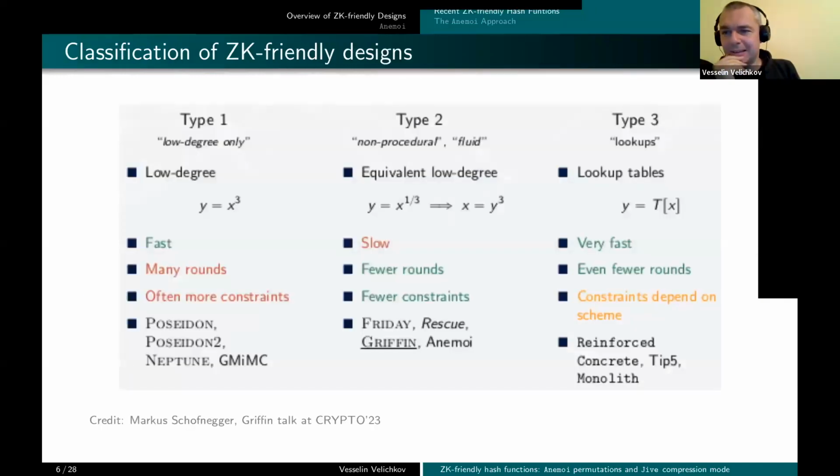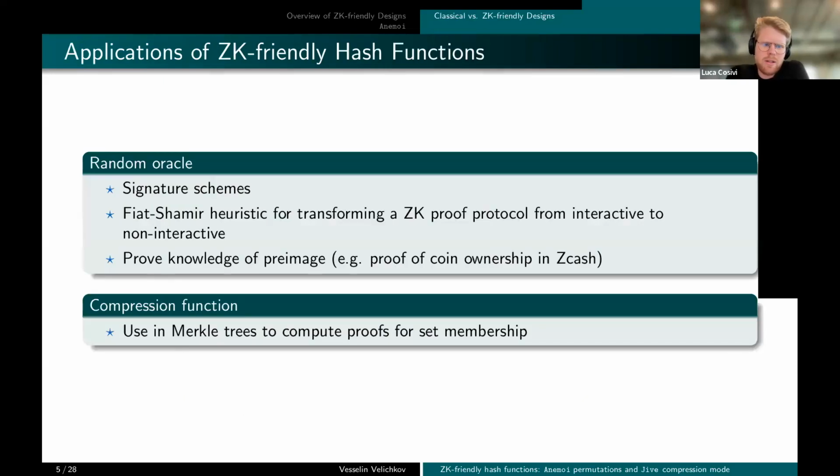Any comments? Like where would a ZK rollup fit here? Would that be like a mix of, I guess it uses signature schemes, also proof of knowledge of preimage? Yes.